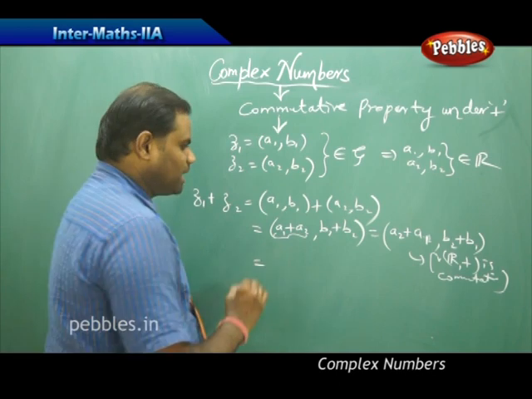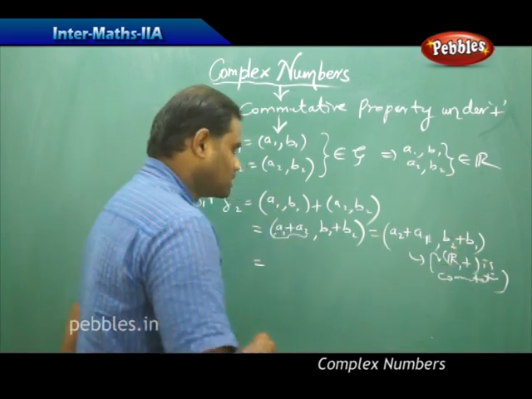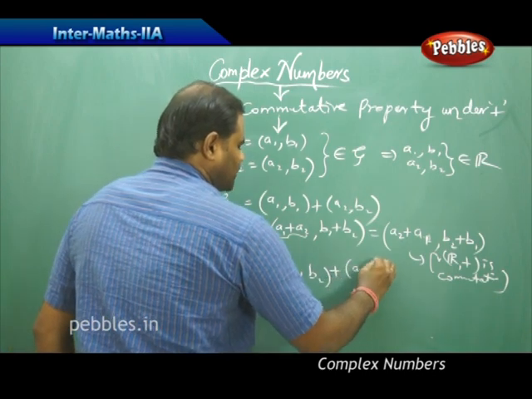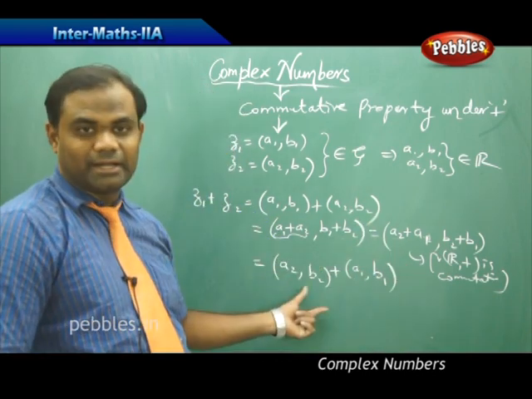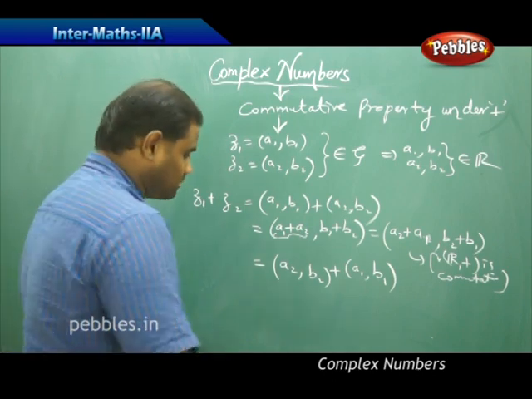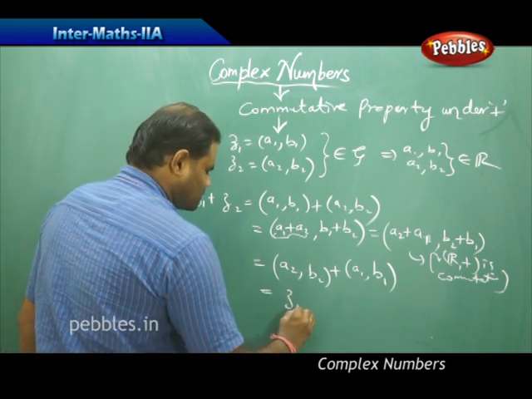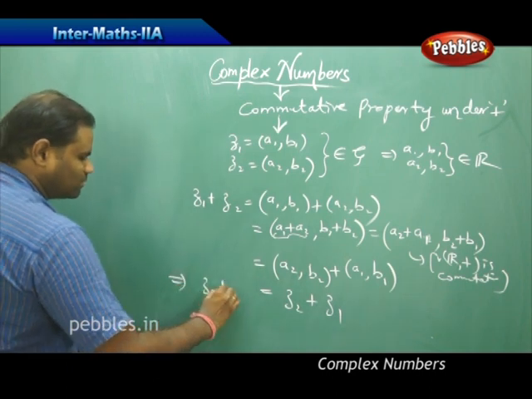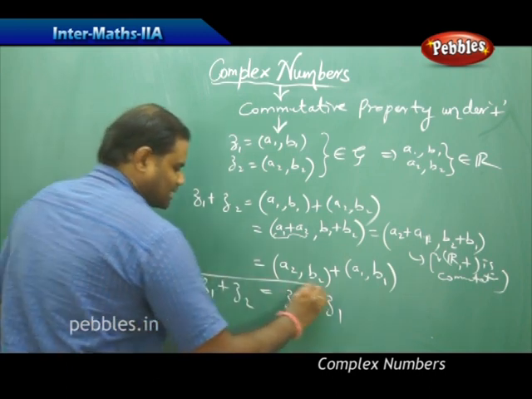Now again, splitting back the addition of two complex numbers, I split back to get (a2, b2) plus (a1, b1), which comes by definition of addition of complex numbers. Therefore, this being z2 plus z1, I identify that z1 plus z2 is this.